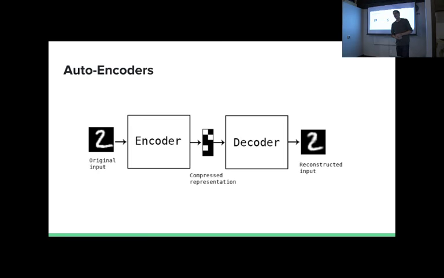Before GAN, the best tool that we had to generate examples like pictures or audio or video, to create it out of thin air, was called autoencoders, variational autoencoders, etc. Essentially, you have a learned, compressed representation.